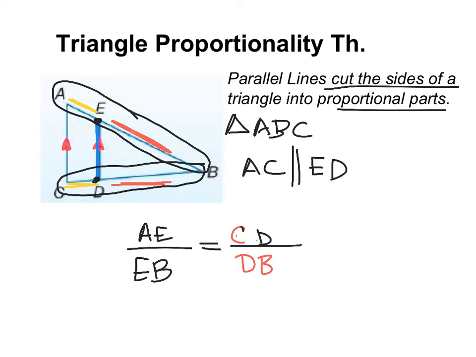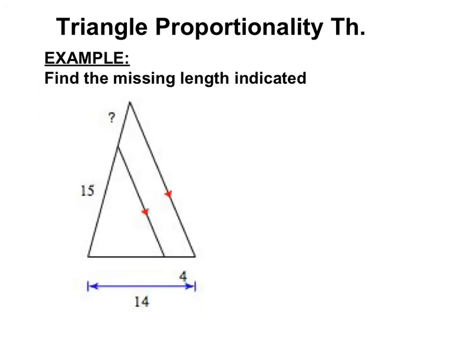And now we can use this idea to solve problems that have variables or have missing measures. The triangle proportionality theorem: find the missing side lengths indicated.